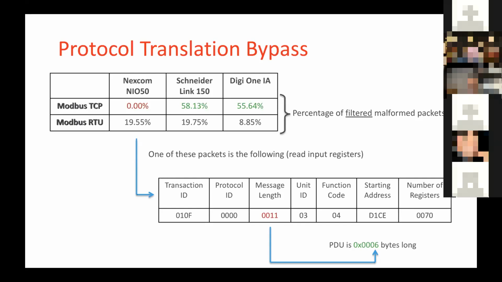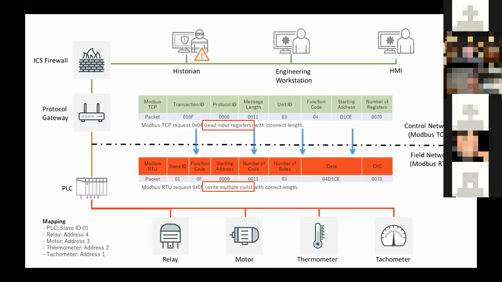But if you craft special packets, you can actually cause the PLC to respond correctly. In this instance, in the green, you can see what would look like a read input register packet, but it just has the incorrect message length.